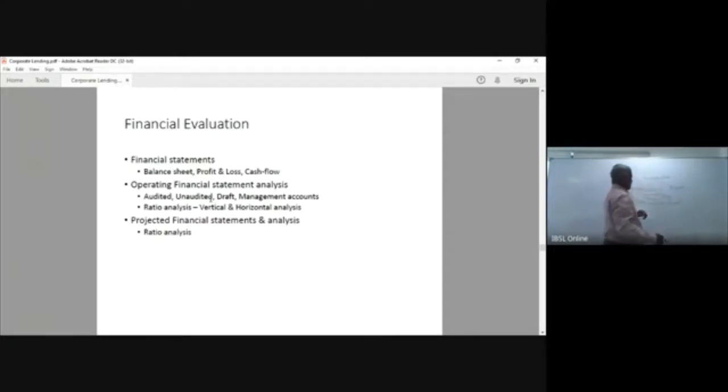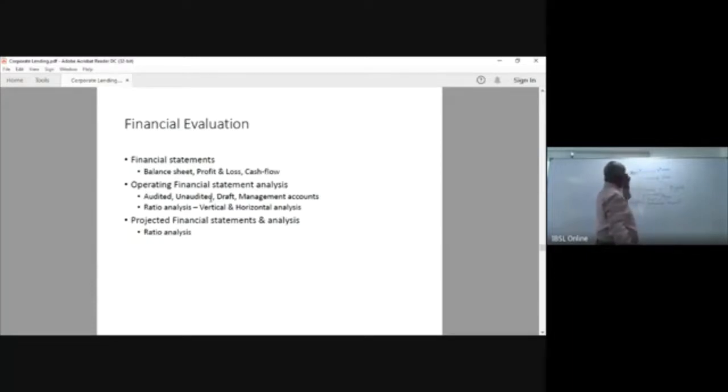Generally, the accounting year, financial year, is from April 1st to 31st March. So these audited or unaudited or draft statements are from April 1st to 31st March of a particular year.